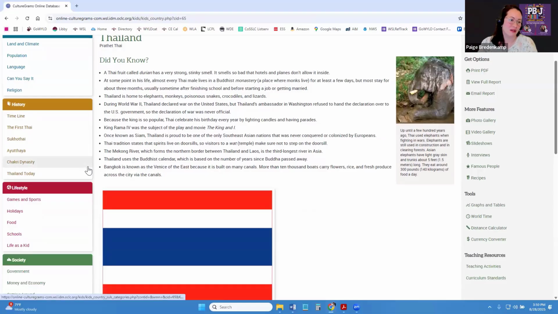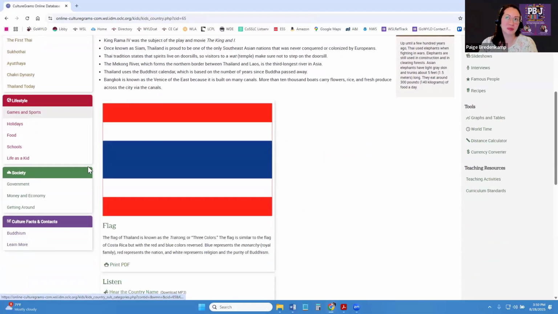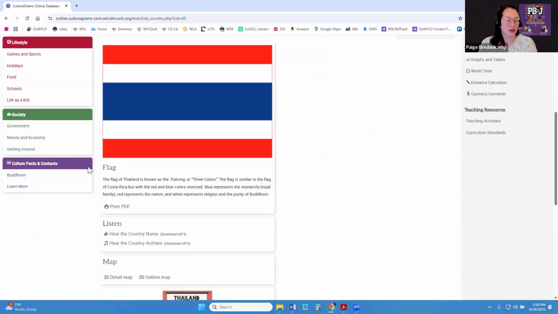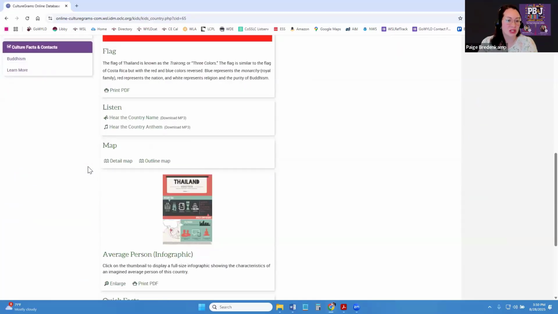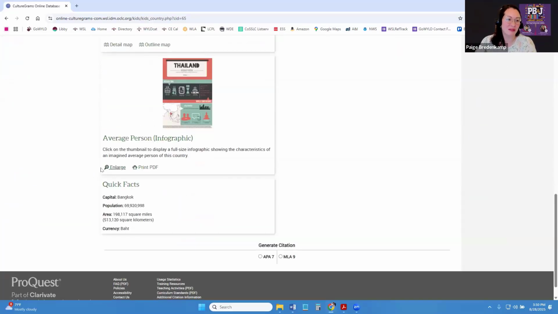And a lot of the different topics they had to cover were based on Culturegrams. So, as a previous teacher, I have used Culturegrams a lot.